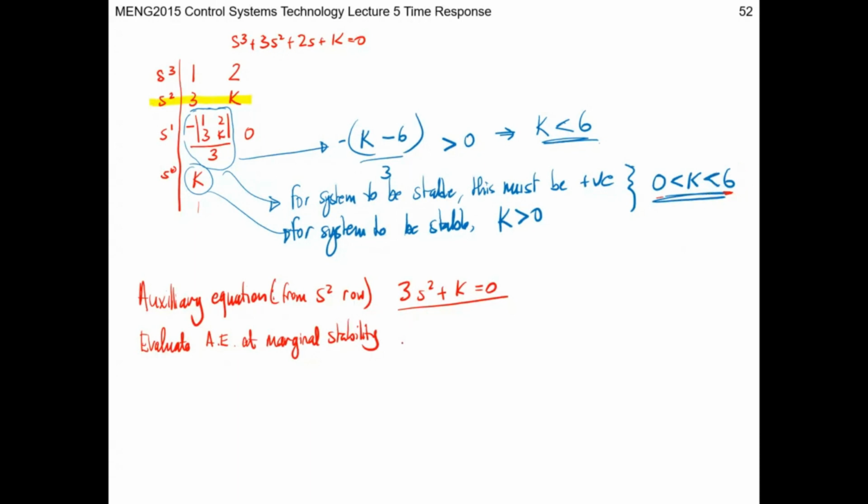So that would be the condition. We can evaluate this situation where we have a marginally stable condition. And so if we want to find what s is at that condition, we have to take the 6 across, giving s squared equals minus 2, so s is the square root of minus 2. Problem, because you can't take the square root of a negative number.